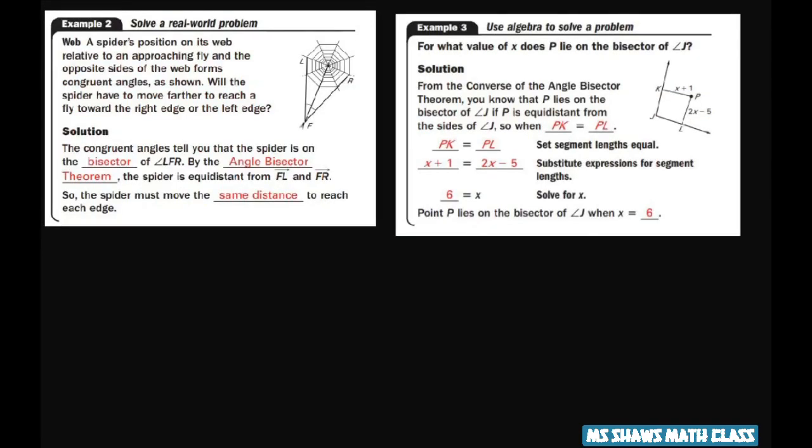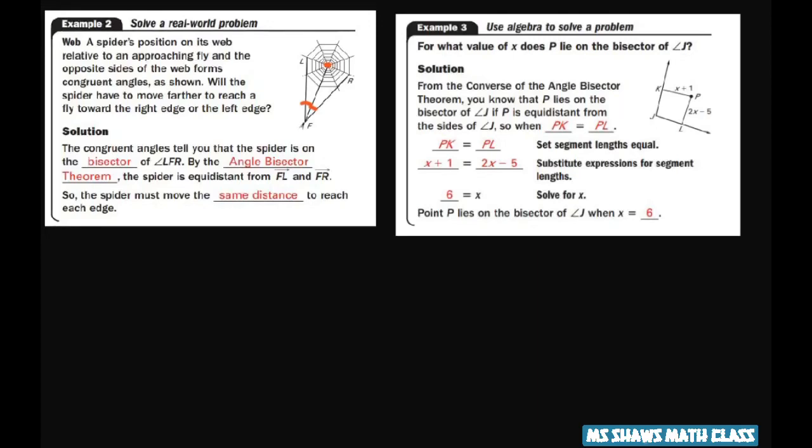And here's a real world example with the spider web. You can read that. So where's the spider? The spider is right here. Okay, and the congruent angles tell you that the spider is on the bisector of L, F, and R. So L, F, and R. So this right here.